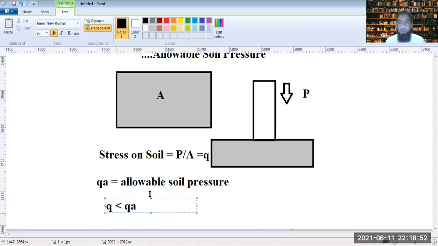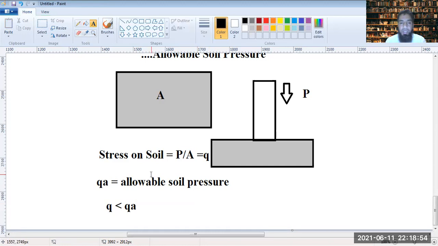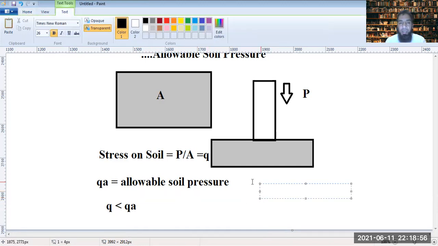Now, how do we get the allowable soil pressure? The allowable soil pressure is determined from the bearing capacity of the soil. We have already discussed that there is a safe bearing capacity of the soil, around 100 to 400 kilopascals.